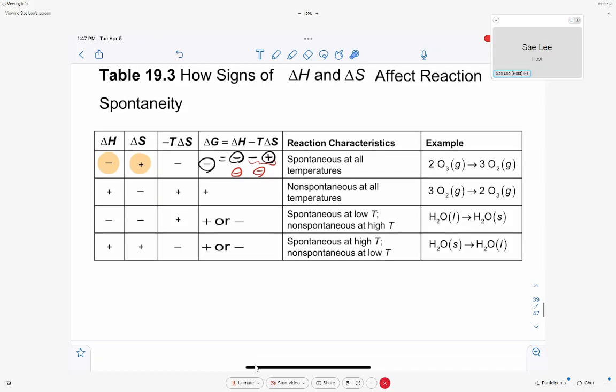For example, let's take a look at a situation where enthalpy and entropy have the same signs. Then the Gibbs energy is affected by the temperature.